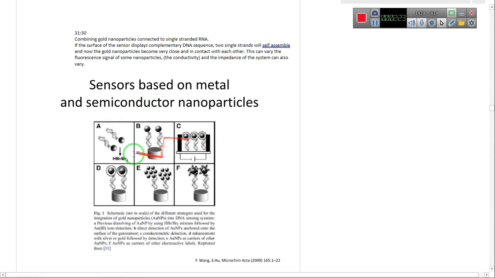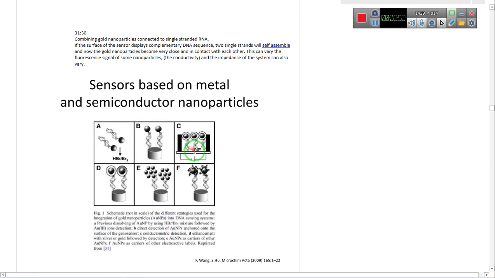You see here that we have the single-stranded RNAs, and if we have the sensor here and there are other single strands here, if the strands present on the sensor are complementary compared to the strands which are connected to these gold nanoparticles, they will self-assemble here.